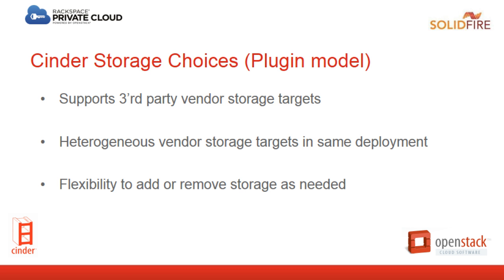Not only that, you can have multiple backends plugged in as well. Because of that plug-in model, you're not limited to just one implementation. You can have an EMC array, a SolidFire appliance, a NetApp, and an LVM or a commodity storage implementation if you want, all running in the same OpenStack cloud, all managed by the same Cinder APIs, the same Cinder manager, and everything else.